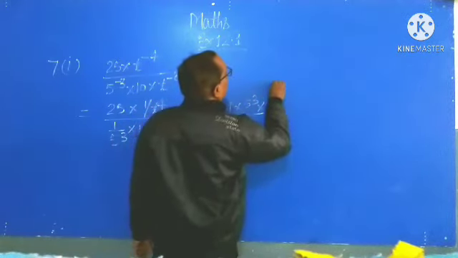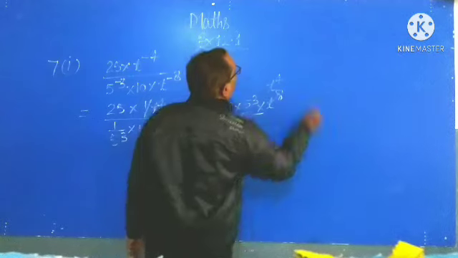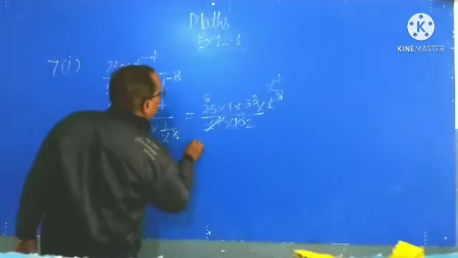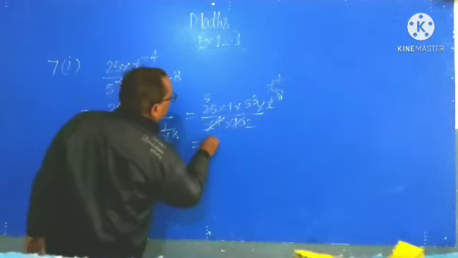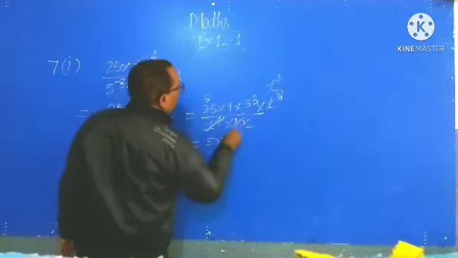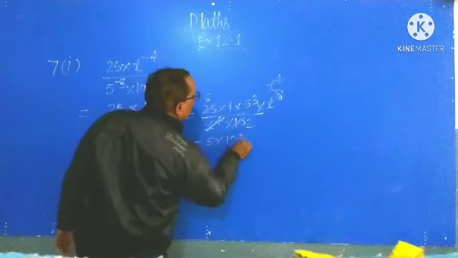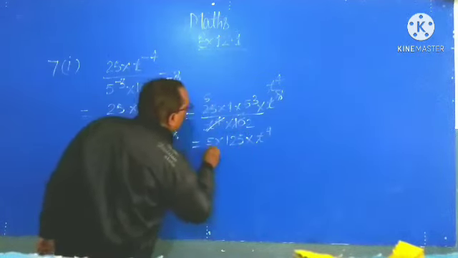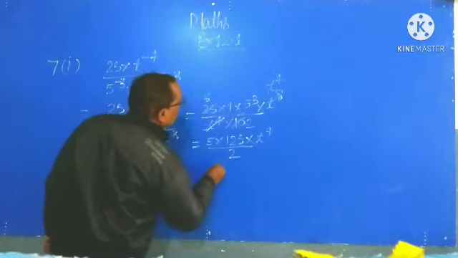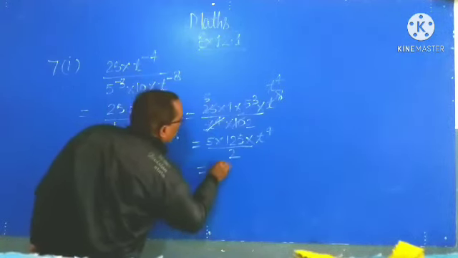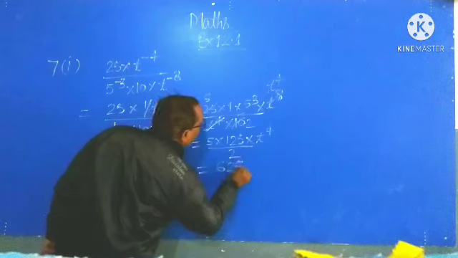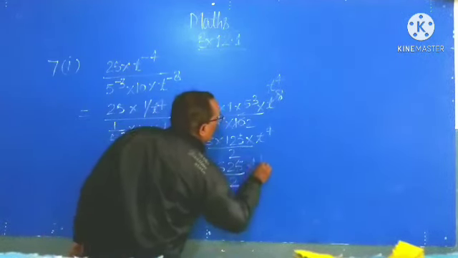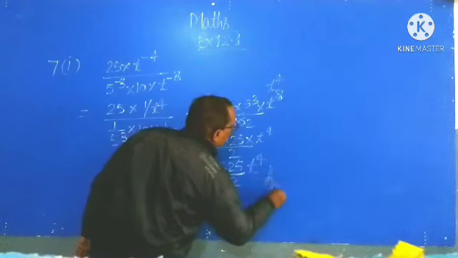You get t to power 4. Then 5 into 125 into t to power 4 upon 2. That is 625 upon 2 t to power 4. It is your answer.